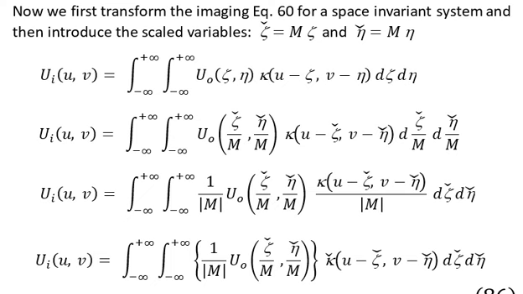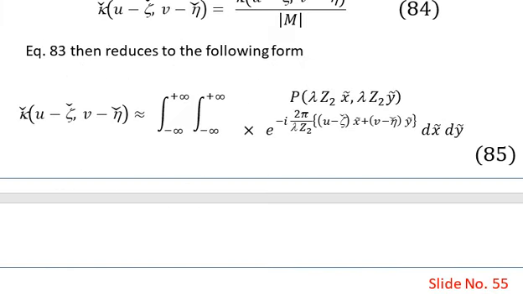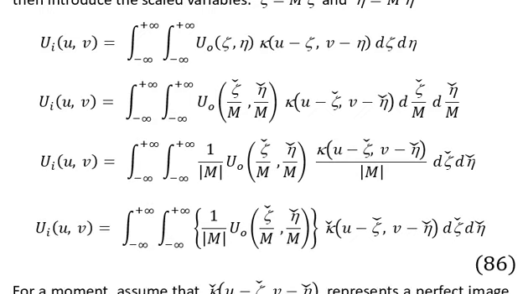So the purpose of this modification is that we can introduce equation number 80 into the imaging equation, that is we can write κ̂ over there. So what we do is that we divide this κ by the factor mod m, and the rest of the quantities are shown as such.